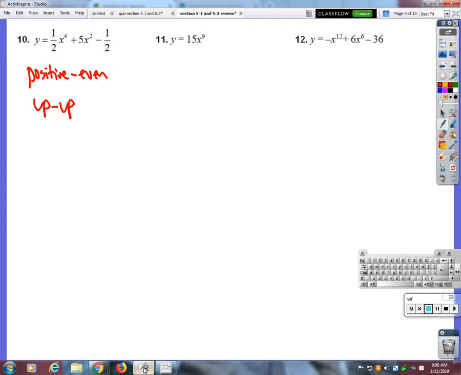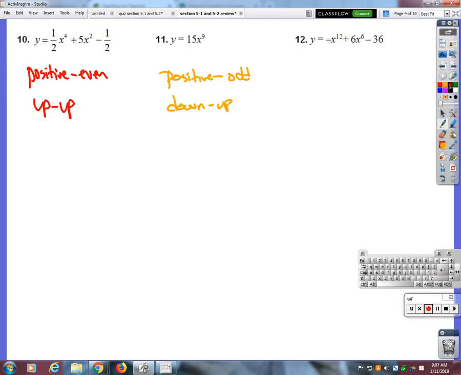Austin, how about number 11? Why? Besides the fact that Aaron told you. Is that positive or negative? Is the exponent odd or even? Okay. So positive, odd, once again, is down, up.